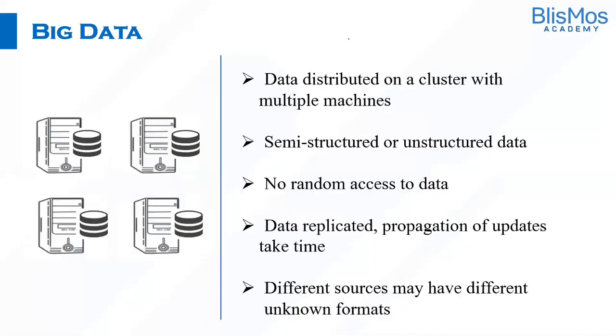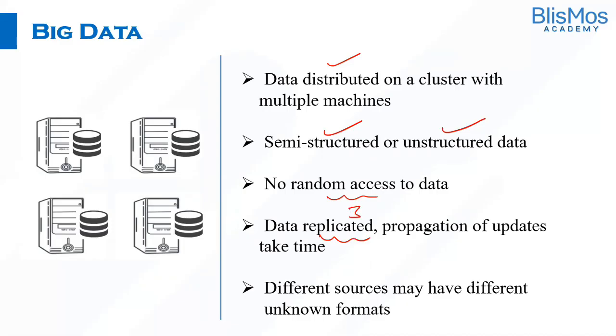Because data is distributed on a cluster with a multiple machines. Along with the structured data, we'll have semi-structured data and unstructured data also stored as a part of the big data. We'll not be able to access data randomly. Data is replicated. As we have already seen in case of HDFS, data is replicated 3 times.